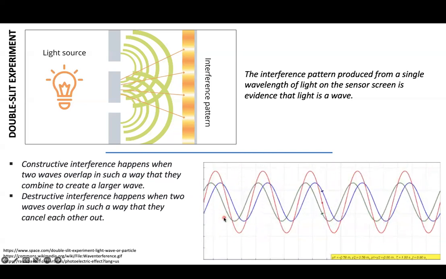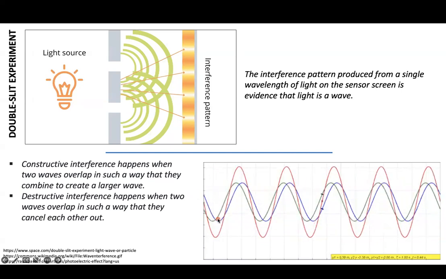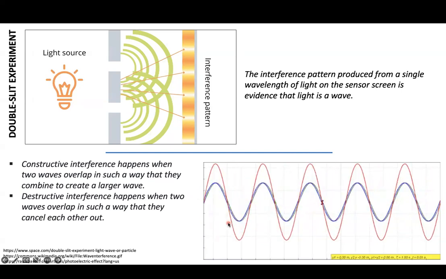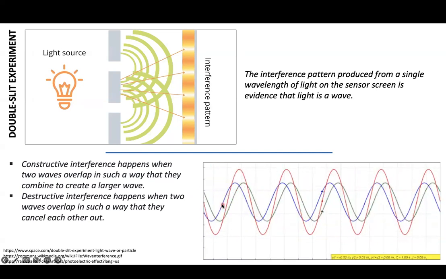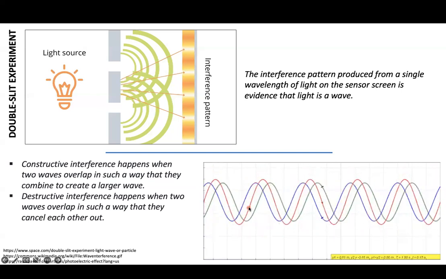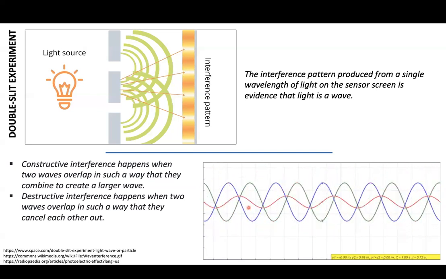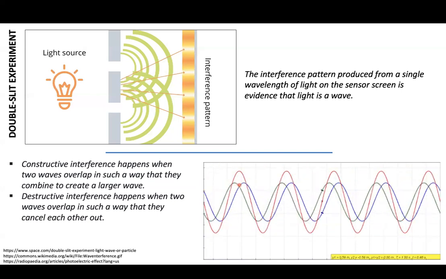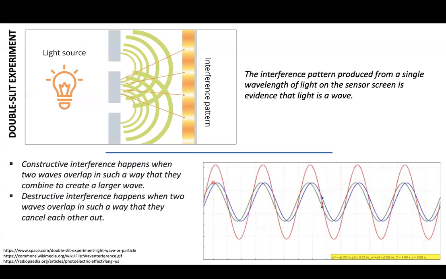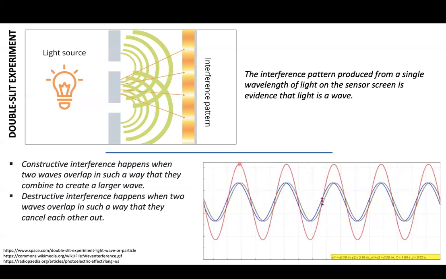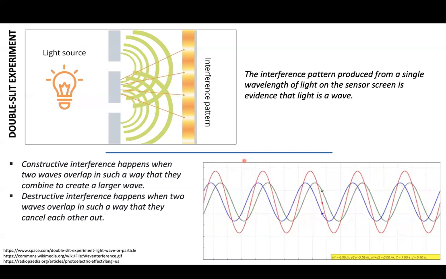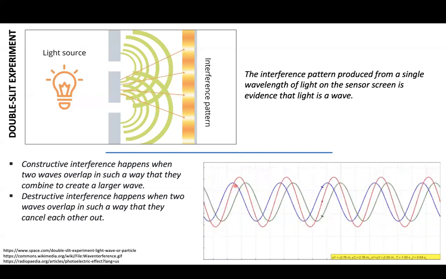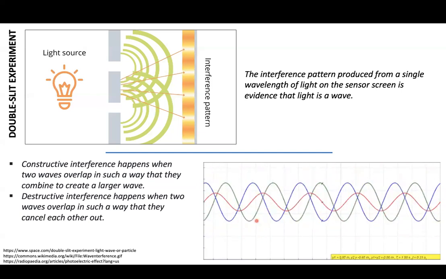So there are two wavelengths, the blue wavelength and the green wavelength. If the blue and green wavelengths are in the same place, like the peaks of the wavelengths match each other, the red wavelength will be constructive, and the amplitude will be higher. If these two wavelengths are on opposite sides, they will cancel each other.